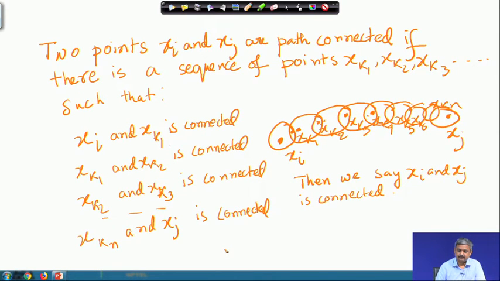All right. So, this is clear. This is how we have connected: first directly connected, then path connected.